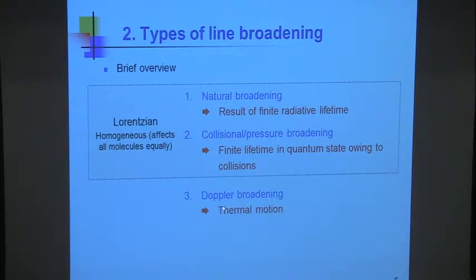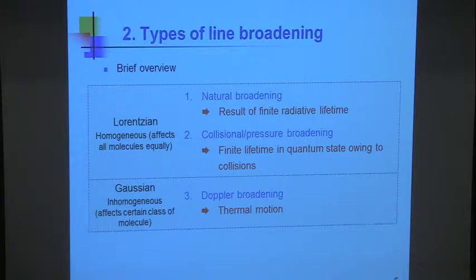There's a form of broadening called Doppler broadening that has to do with the thermal motion of the atoms or molecules. And that turns out to be Gaussian in form, and it's called inhomogeneous because it depends upon the velocity of the individual particle. So it varies with the velocity of the particles. There's a velocity distribution function, the Maxwellian distribution function. This results in a Gaussian form.